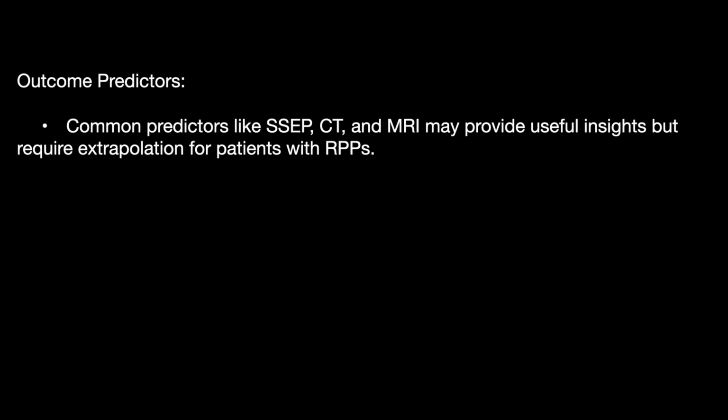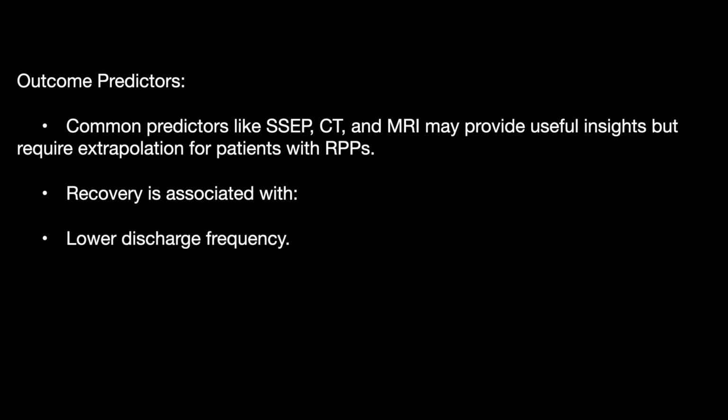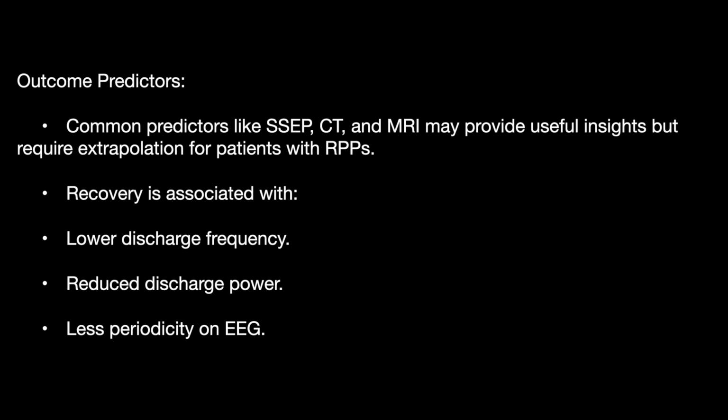Common predictors for outcome are the SSEP and CT-MRI findings, which give more insights, but RPPs can also be used. Recovery is associated with lower discharge frequency, reduced discharge power, and less periodicity on the EEG.